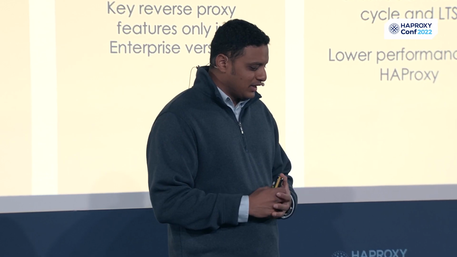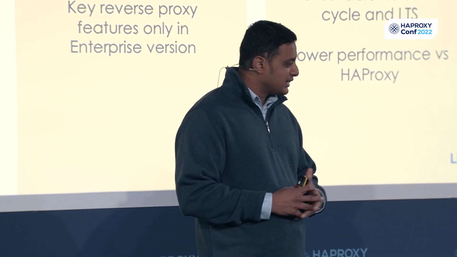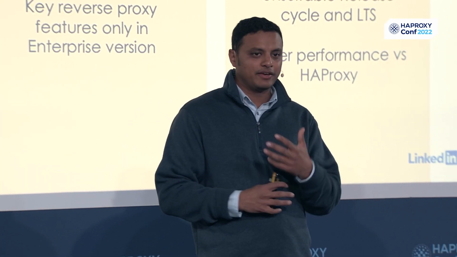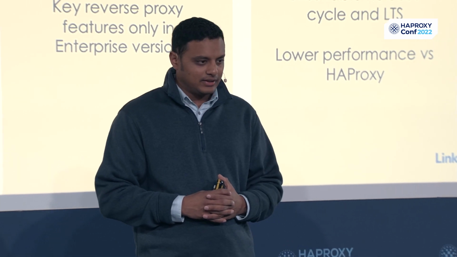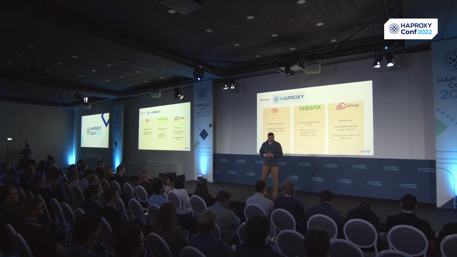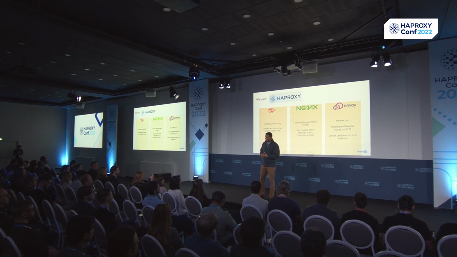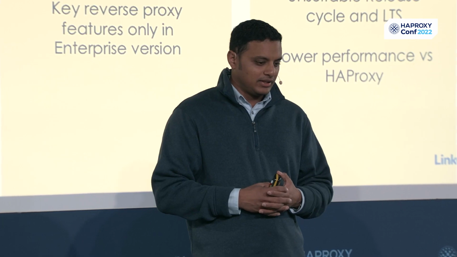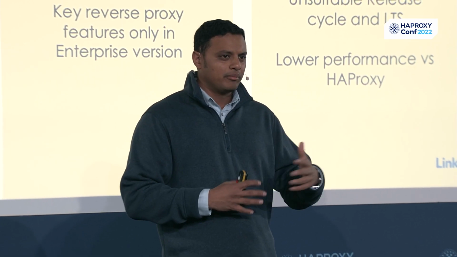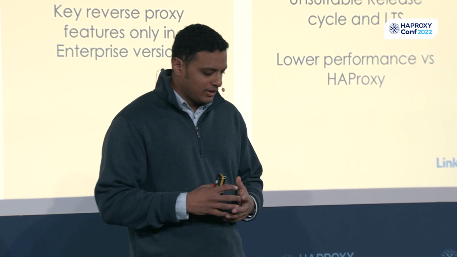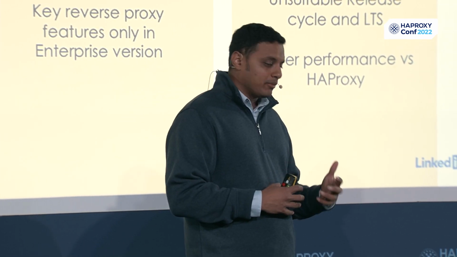And also, one other thing was their release cycle, which didn't really suit the way we do things at LinkedIn. They had a major release every quarter, and a long-term support for 12 months for each release. So what that would mean for us is they could have a backward compatibility breaking change every quarter, and we would be forced to keep upgrading more frequently.